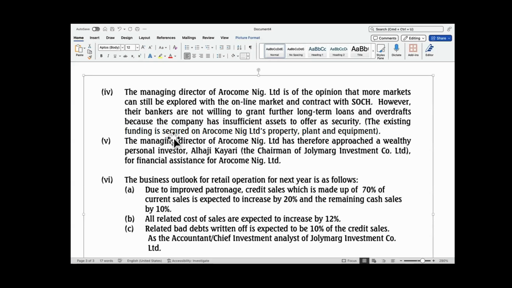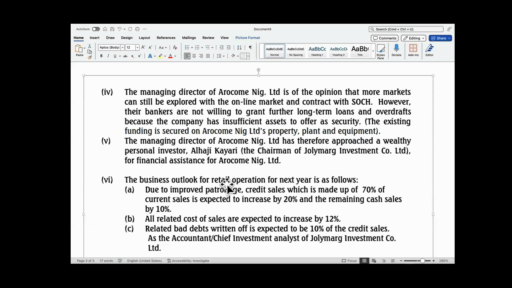The existing funding is secured on Agrocom Nigeria Limited's property, plant, and equipment. The managing director has therefore approached a wealthy personal investor, Alhaji Kyari, the chairman of Jolimag Investments Co. Limited, for financial assistance for Agrocom Nigeria Limited.